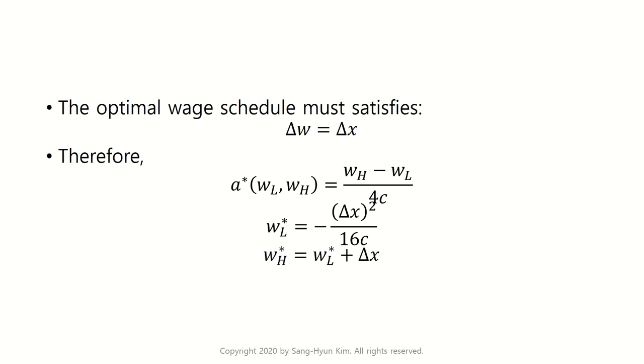So WH minus WL must be the same as delta X, XH minus XL, and you can rewrite that expression in this way.